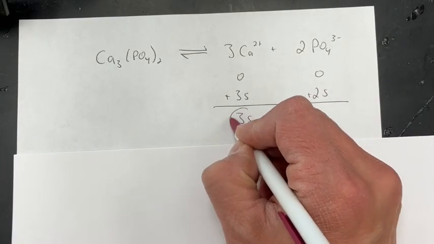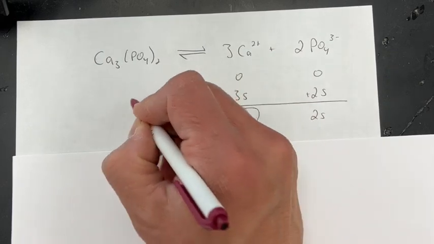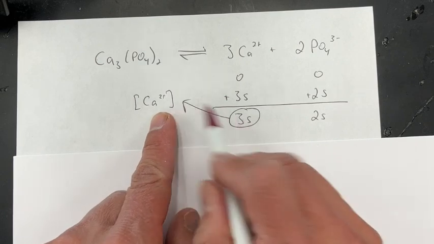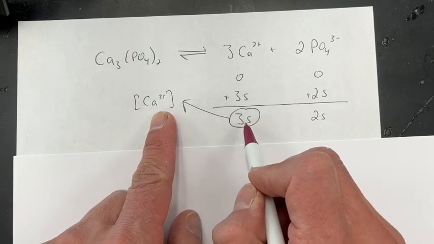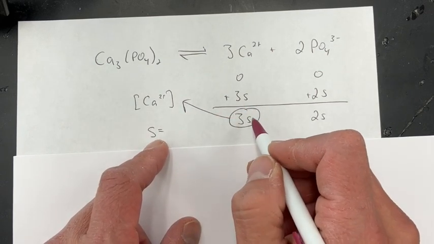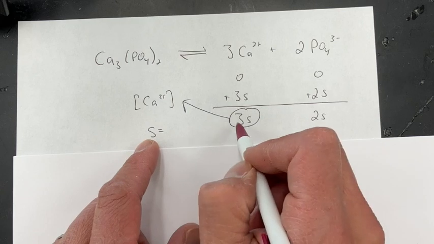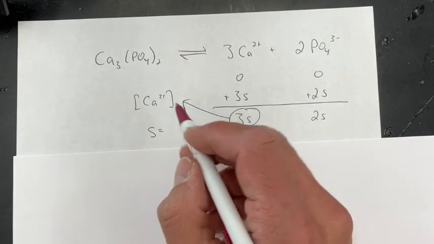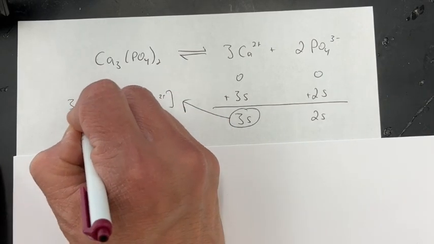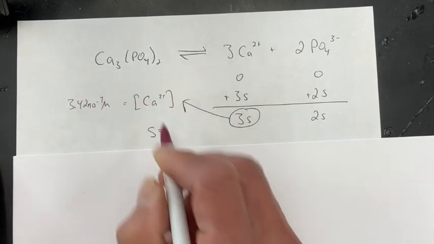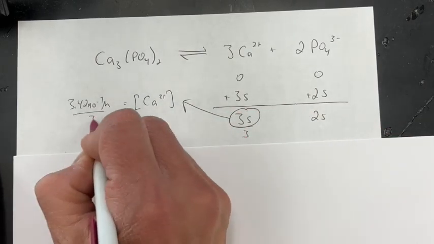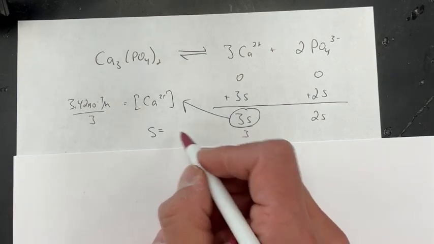Remember, 3s is equal to the concentration of Ca2 plus. So if I wanted to solve for s, it would just be this number divided by 3. I know this number from my problem statement is 3.42 times 10 to the minus 7, and I divide both sides by 3, and I can get s.